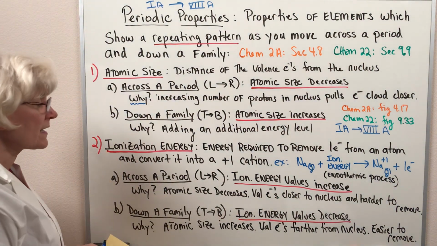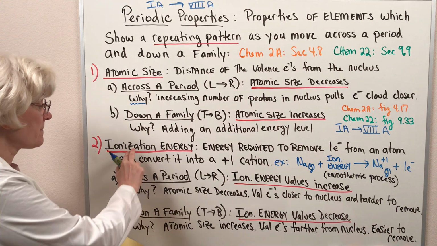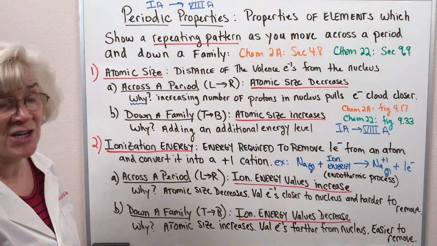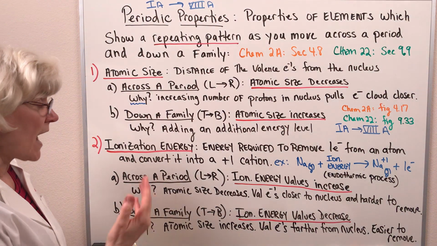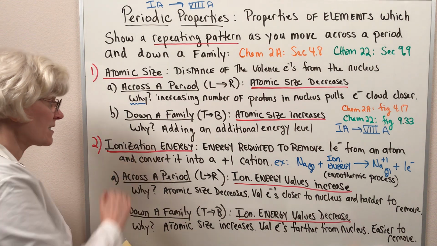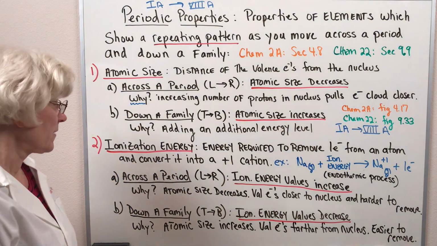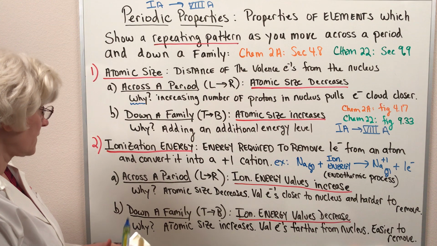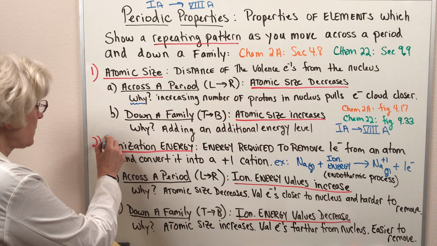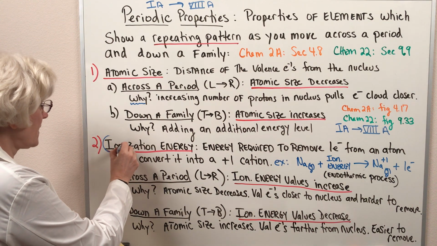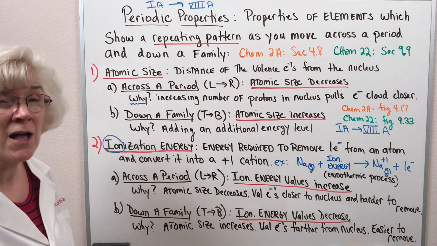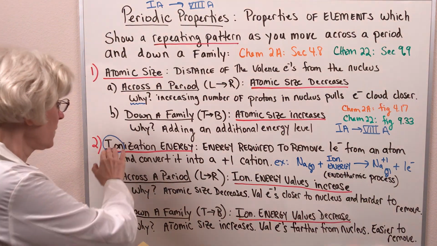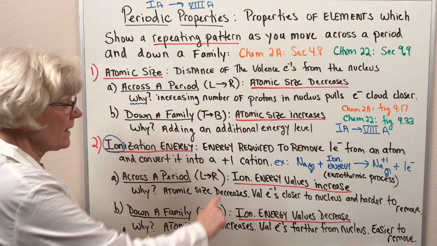Let's go to the second periodic property, and this is ionization energy. Now, explanation, what are we even talking about when we refer to ionization energy? Use the prefix ion in the term to help you understand what this is referring to.